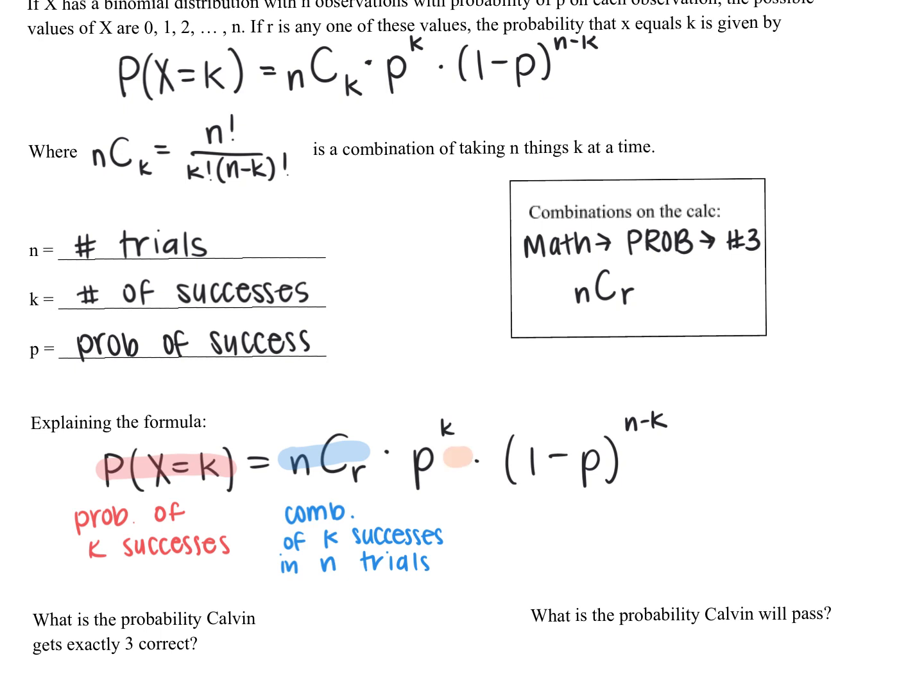Then we have p to the k, which is your probability of success raised to your number of successes.